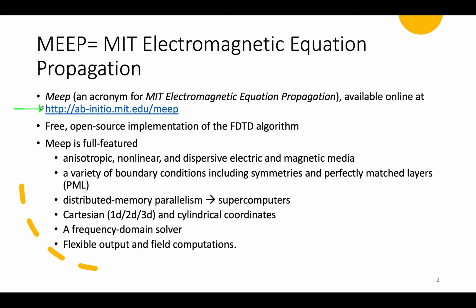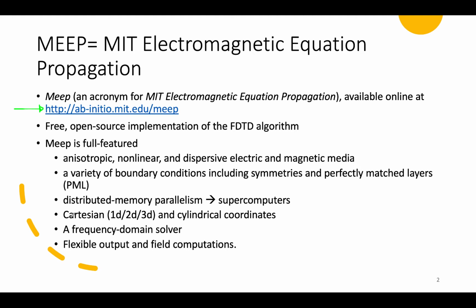When it comes to the computer science part of the Meep code, Meep provides support for running on supercomputers, with distributed memory parallelism, which allows us to divide the computational problem across different processes.